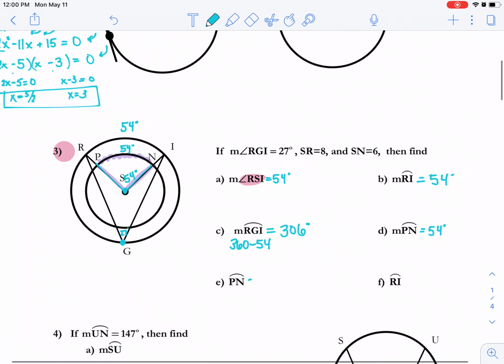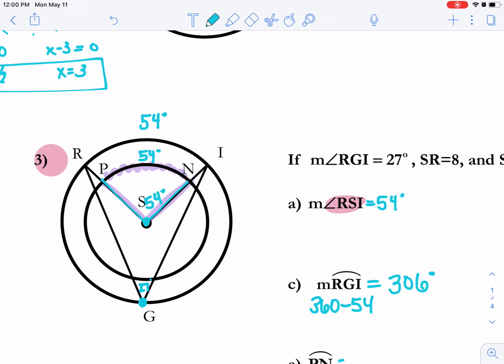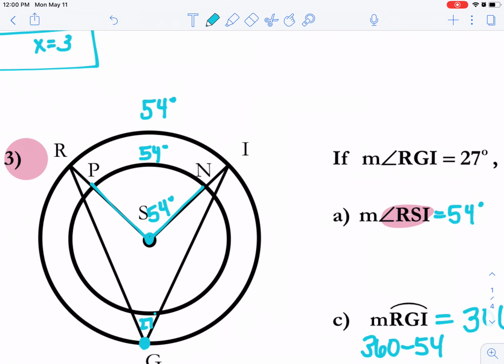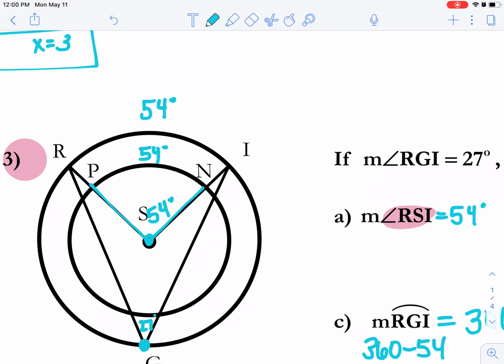So the measure of arcs, remember, is how far you're rotating around. But the last two, they want not the measure of the arc, but the length of the arc. So actually how many feet, inches, miles it would take to go from R to I or from P to N.